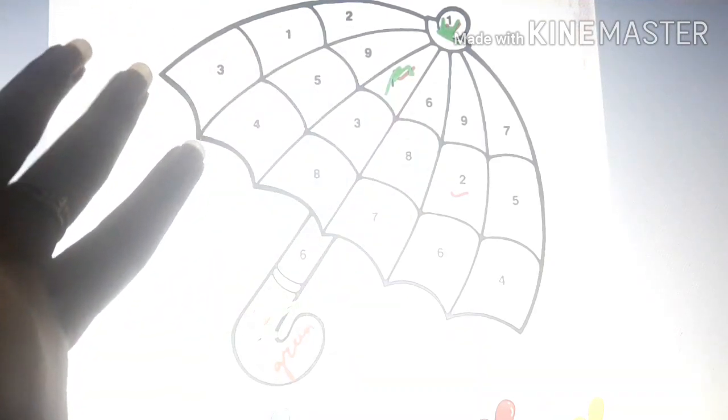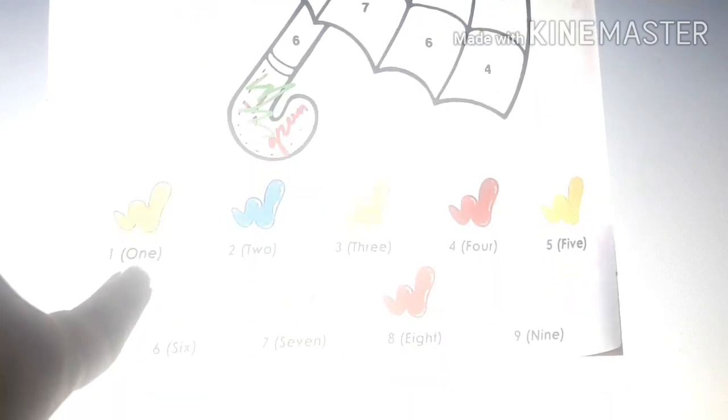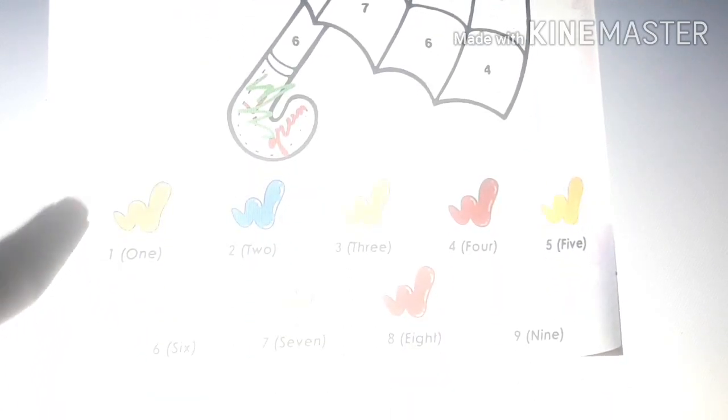So you can see all are single digit numbers, right? You are going to put colors in these numbers, the numbers which are given below. Number 1, which color is given, children? Green color.